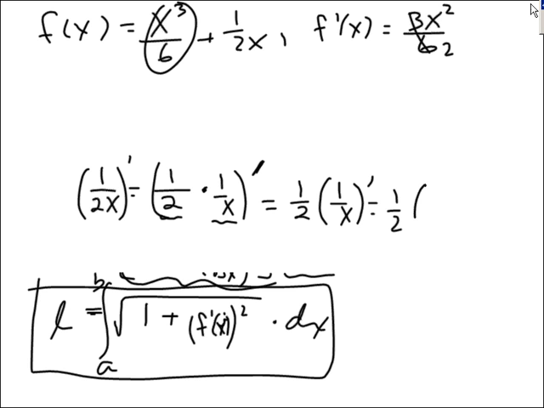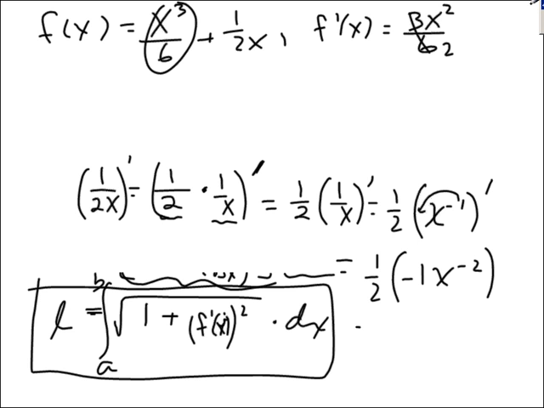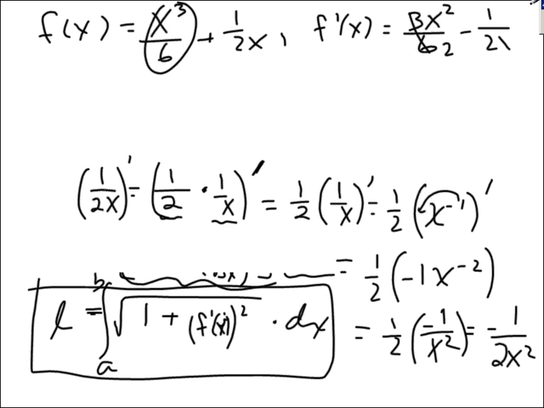But 1 over x is the same as x to the negative 1. When you take the derivative of that, you bring down the power, negative 1, you make the new power 1 less, and you end up with negative 1 over x squared. Or, multiplying everything out, negative 1 over 2x squared.